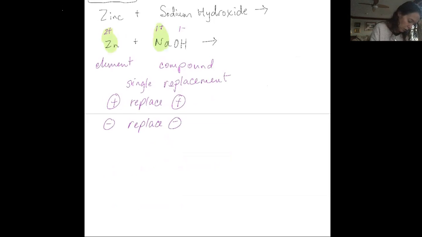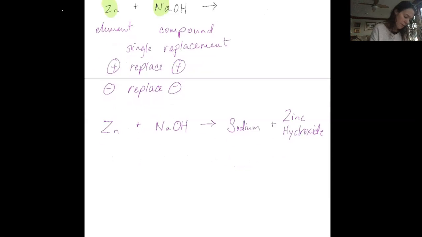Okay, so let's rewrite that. We've got zinc plus sodium hydroxide. What we're going to have is sodium by itself, and then zinc will be with hydroxide. But we need to write that. So zinc moved in, sodium moved out. Now zinc, who was by himself, just rewriting the reactants, has moved in.